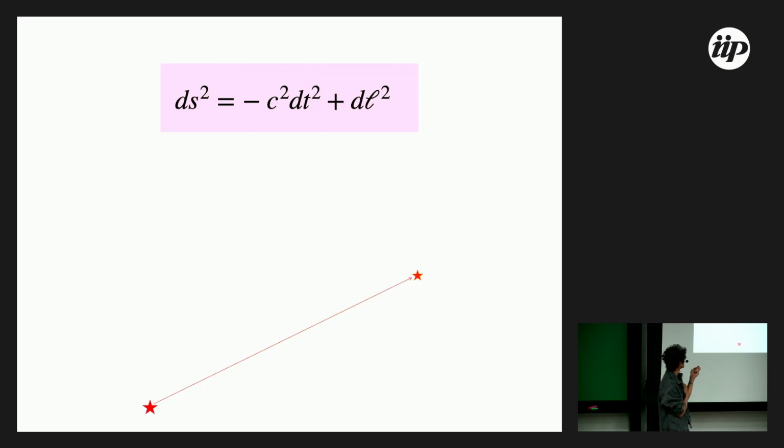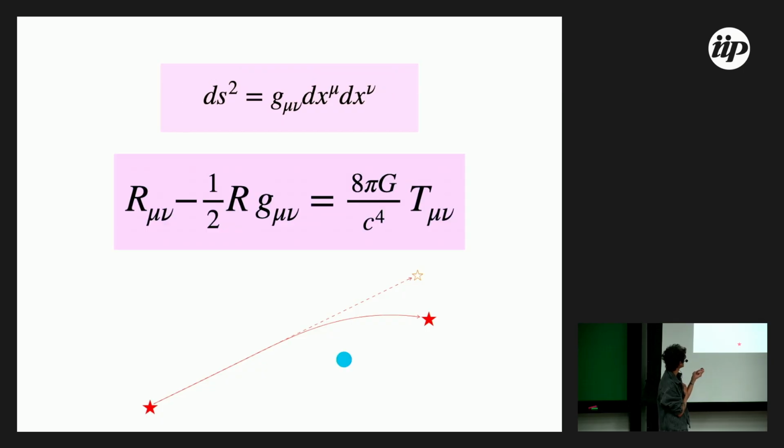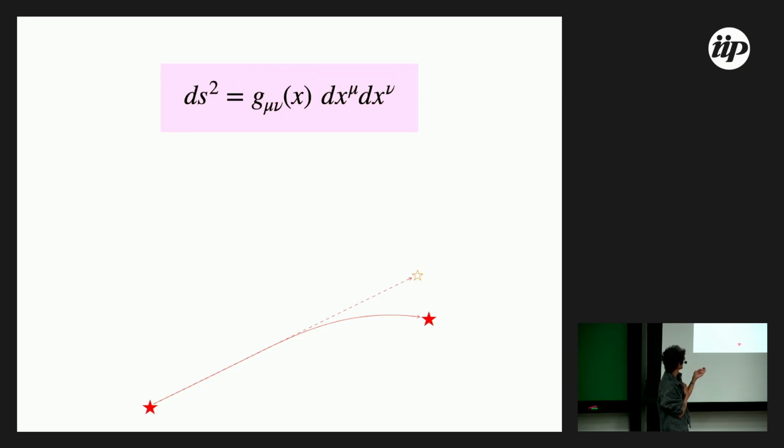Geometry is basically Pythagoras' theorem. In flat space, you have time as one of the sides of the triangle, and what gravity does is change the Pythagoras theorem, curving the geometry and changing the paths of light and of objects that move in this curved space.